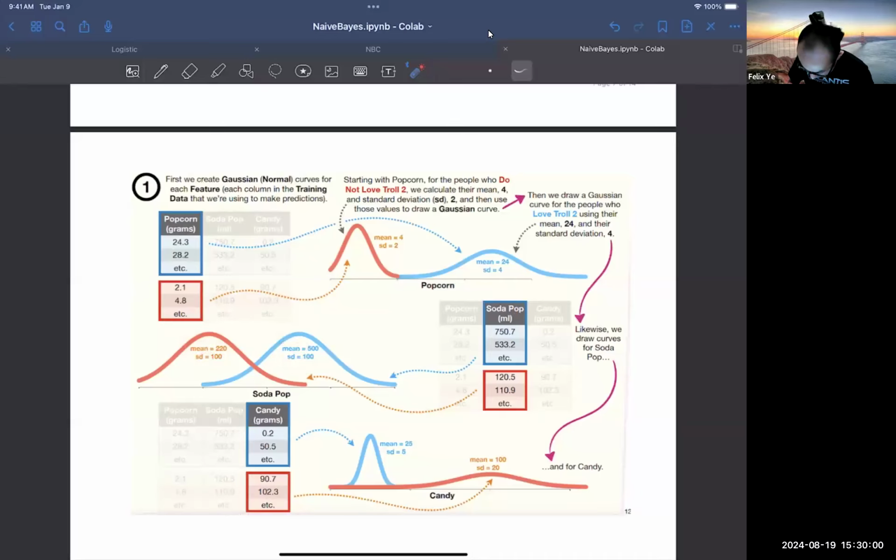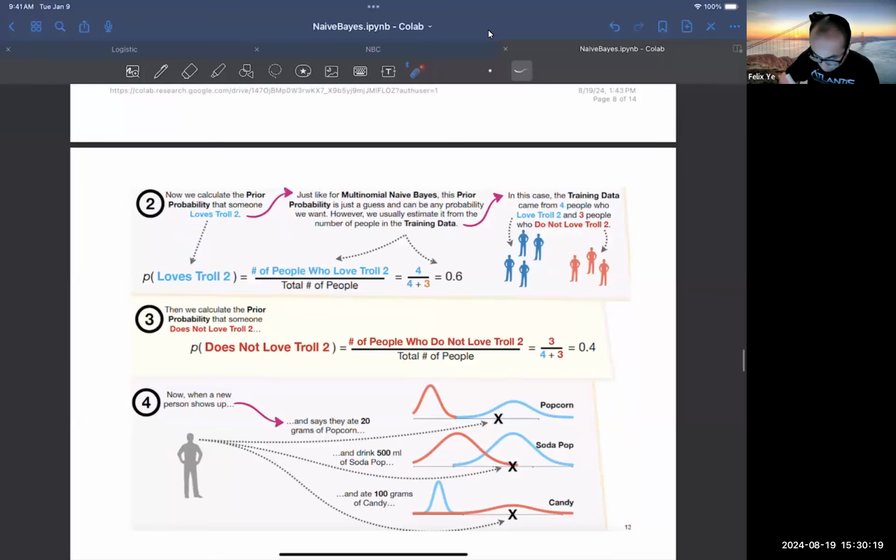For candy, this mean is 25, this mean is 100, but the standard deviation, this is 5. And for the people who don't like it, that will be 20, right? So this is what you get for those features.